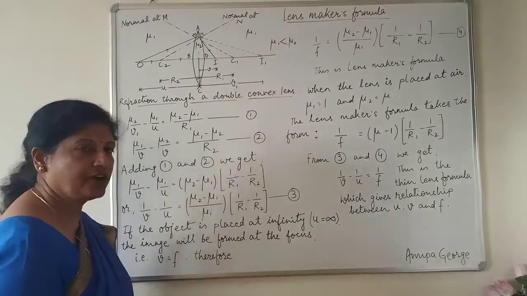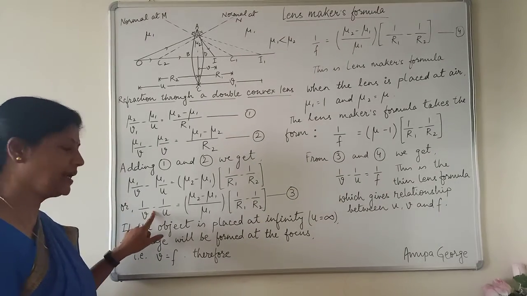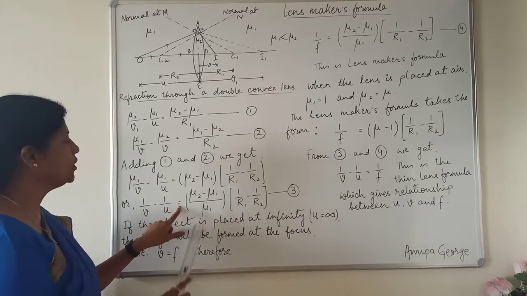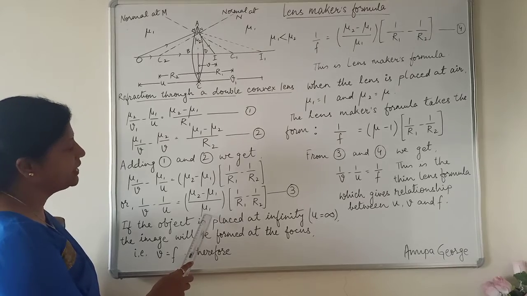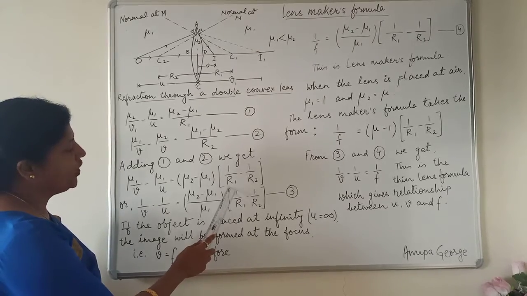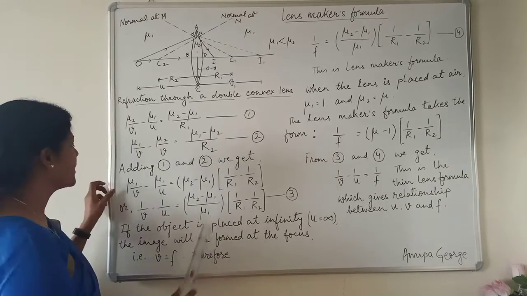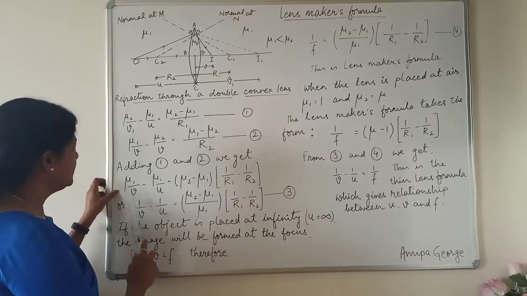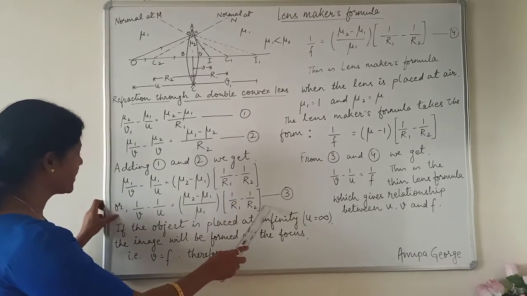Or we can write 1 upon v minus 1 upon u is equal to mu2 minus mu1 upon mu1 into 1 upon R1 minus 1 upon R2. On simplification of this equation, we get equation number 3.